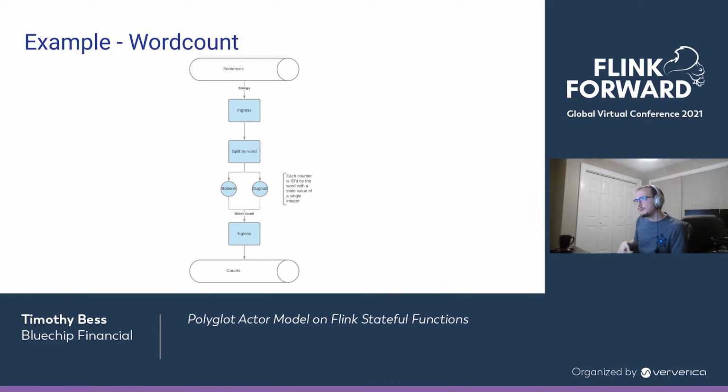So if you're building this with Statefun, generally you have an ingress function. You would split the words out, right, by spaces, and then you have these little counter functions. And these counter functions are just a very small function with an integer of how many times we've seen this word. And so this splitter is essentially creating a new counter for every word it encounters.